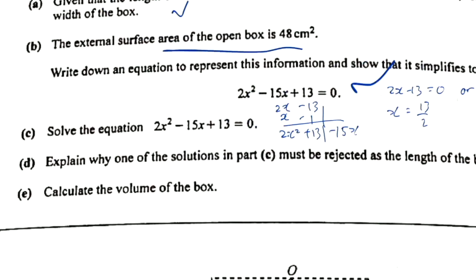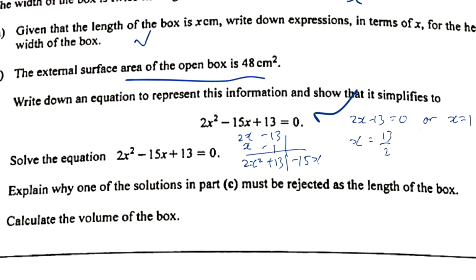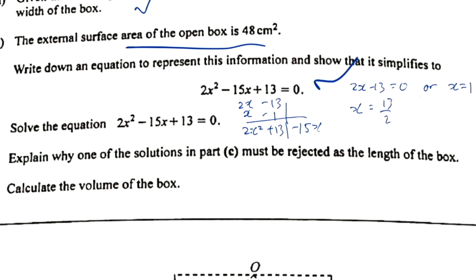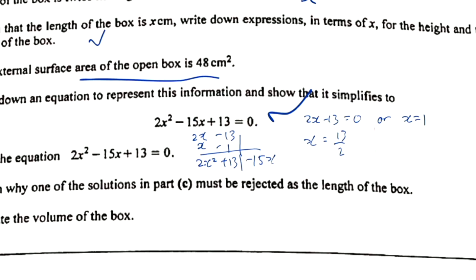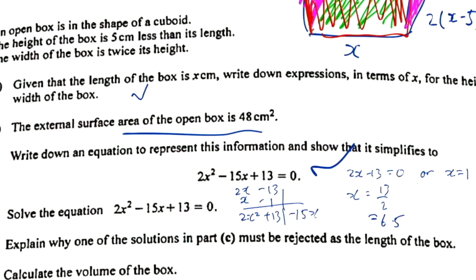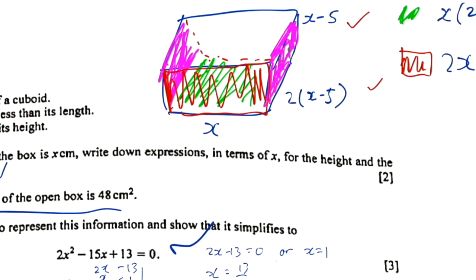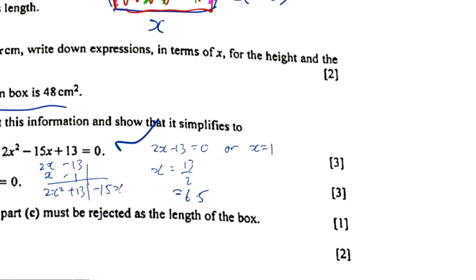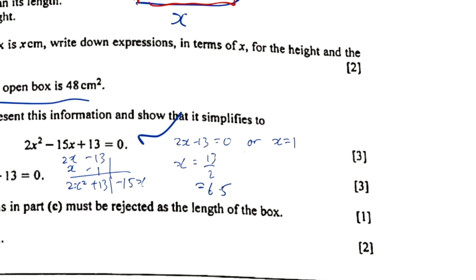The question is, how come one of them must be rejected? Because it is a decimal?